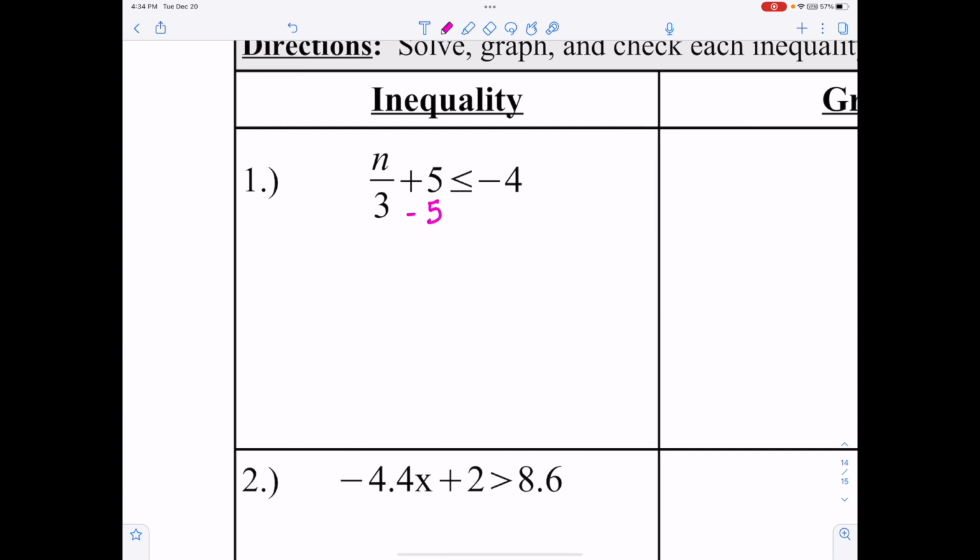So we're subtracting 5 from both sides. That creates a 0 pair, and so we have n over 3 is less than or equal to -9. Okay. Now we are going to multiply by 3 both sides, and we end up with n is less than or equal to -27. Okay.